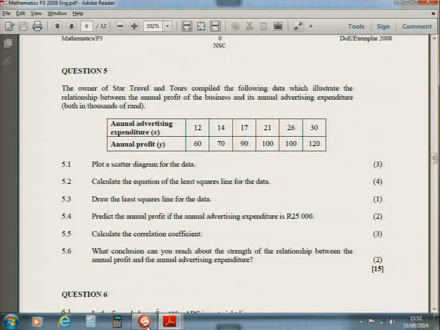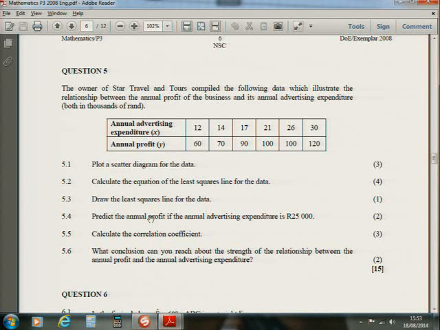Let's go back to our question. There is our question. Plot a scatter diagram for the data. So on your scatter plot there, what do you have? Your axes. The horizontal one is what? Annual advertising. I'm writing it.